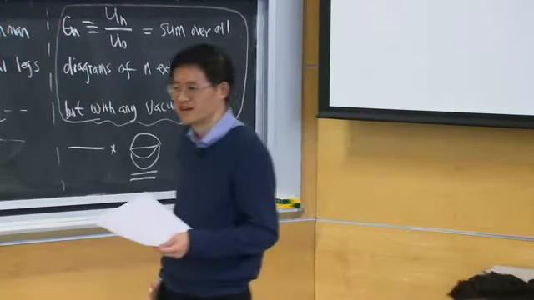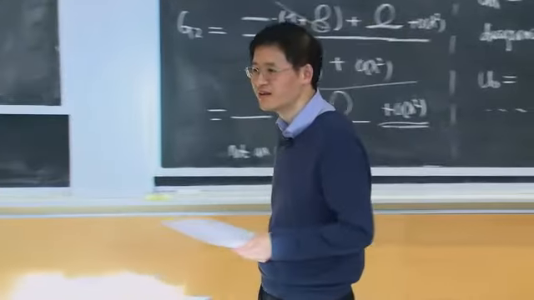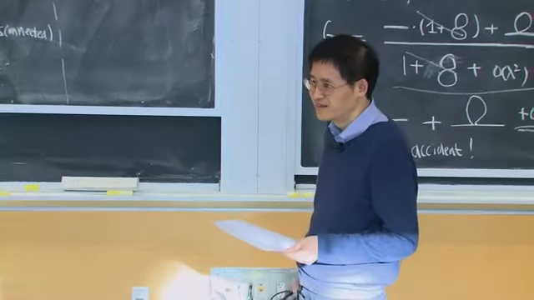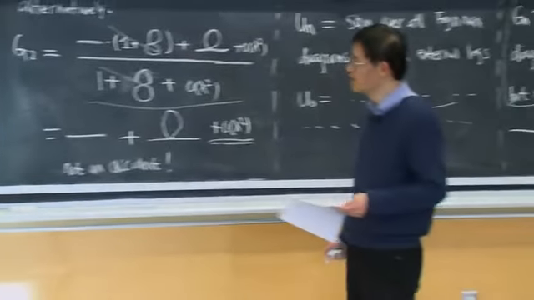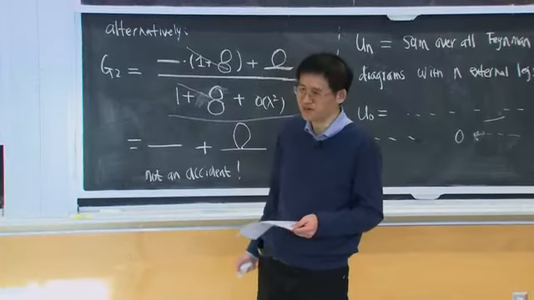Can you use combinatorics to count the number of diagrams, with just the number of vertices and external points? No, I think there's no general formula that tells you at each order how many diagrams you should have. There's no such magic formula.